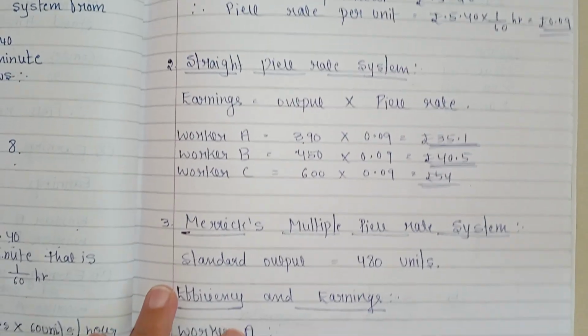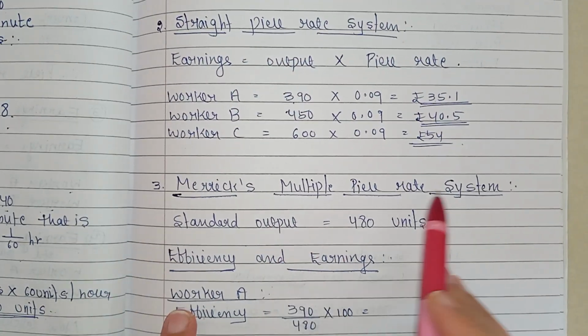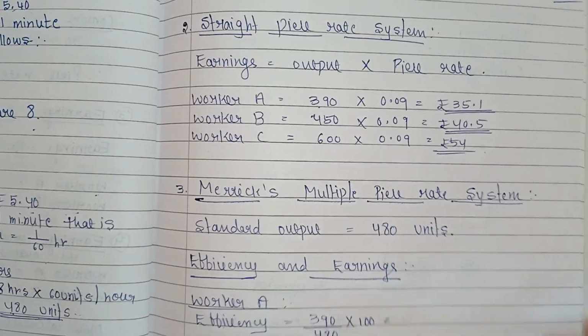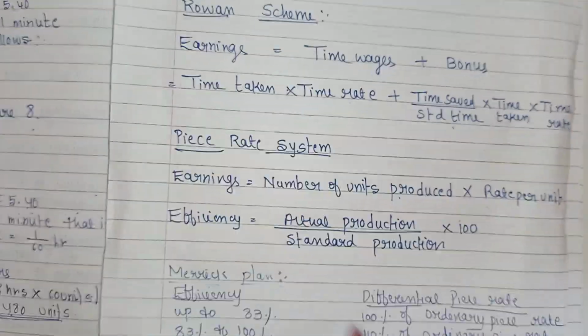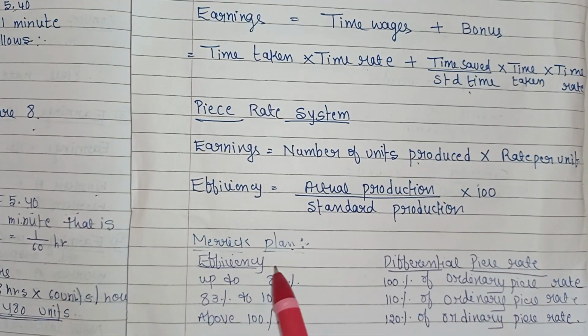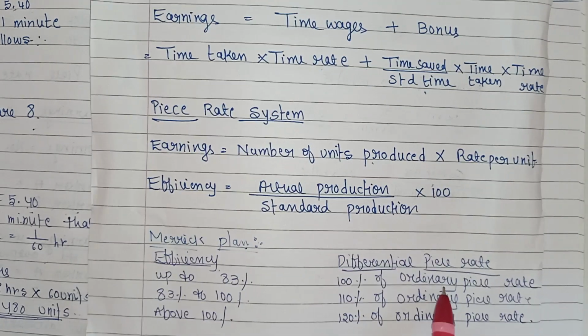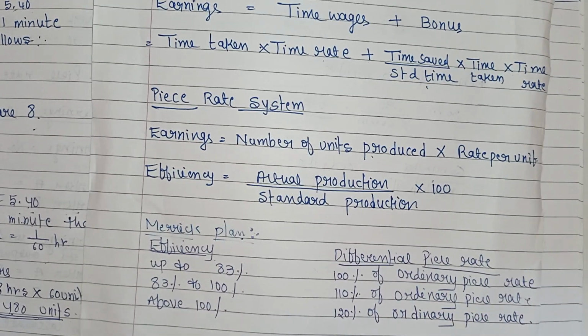Now let's calculate the earnings under Merrick's multiple piece rate system. Before that, we need to see how we will calculate the earnings under Merrick's multiple piece rate system. See here, in the Merrick's plan, if the efficiency or the performance of the worker is up to 83%, then 100% of ordinary piece rate is applicable.